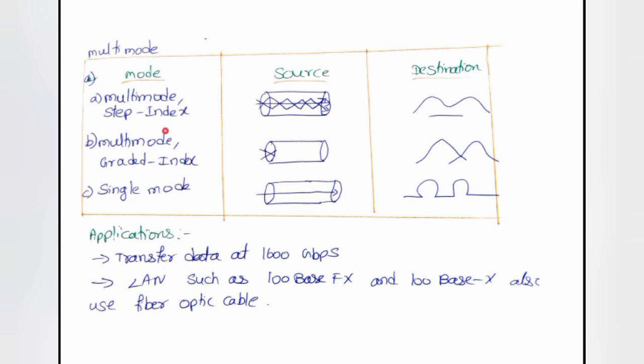So these are the two types of the multi-mode optical fiber cable, that is step index and graded index. Next, coming to the applications. The transfer data rate of optical fiber cable is 1600 gigabits per second. That is the maximum speed.